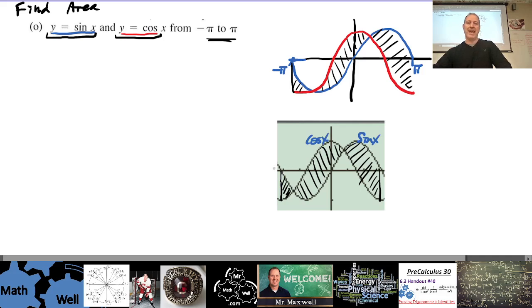From negative pi to this intersection point, which we're going to have to find, the sine graph is on top and the cos on the bottom. For this middle section, the cos graph is on top. And for the final section, the sine graph is back on top. So we've got sine on top, then cos on top, and then sine on top again. So we've got 3 sections.